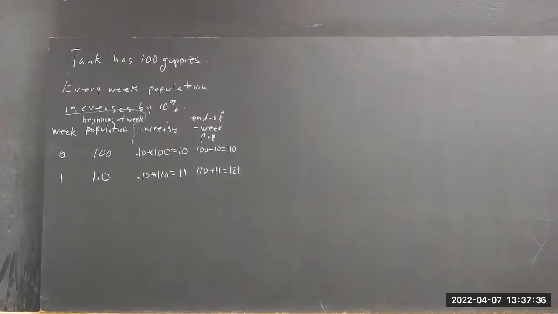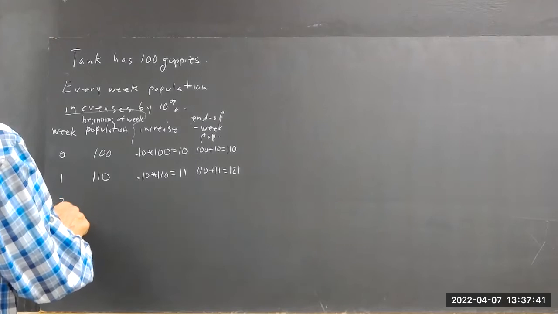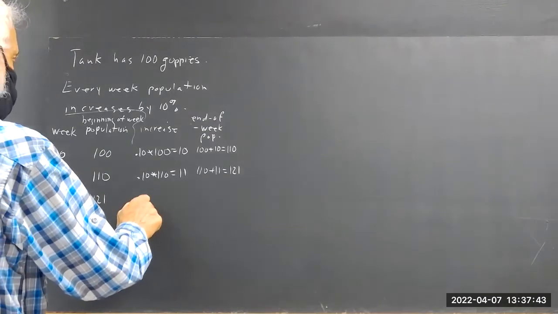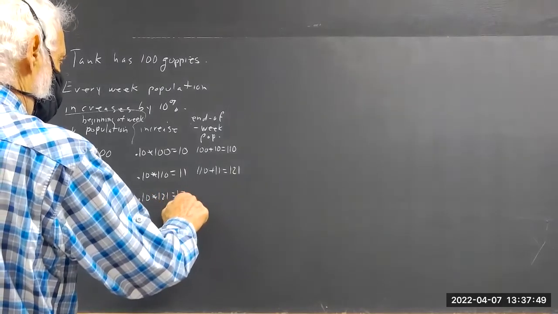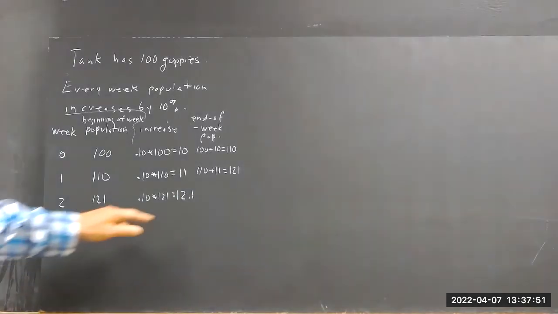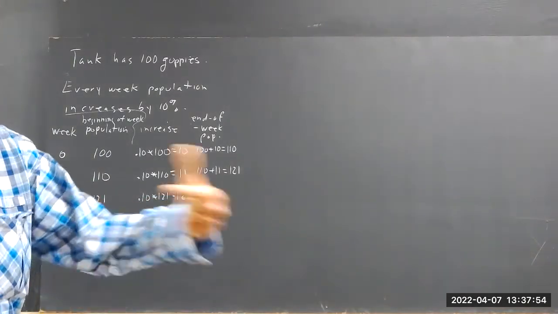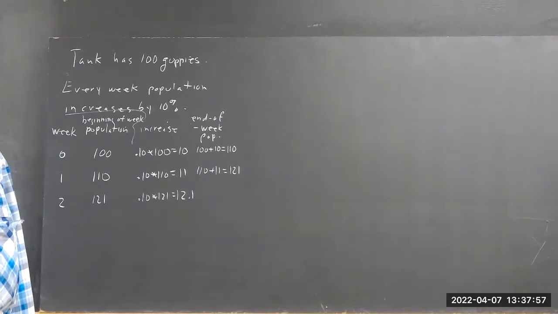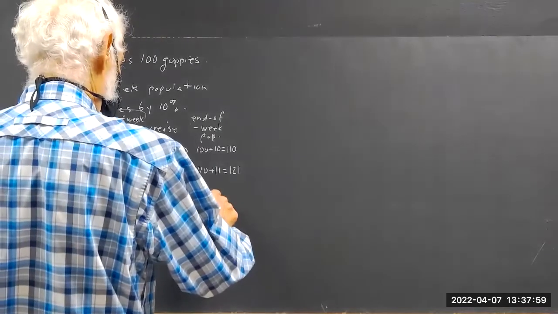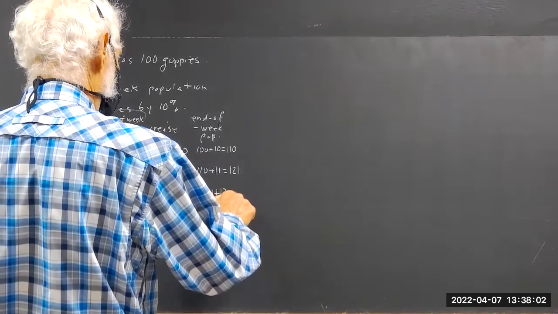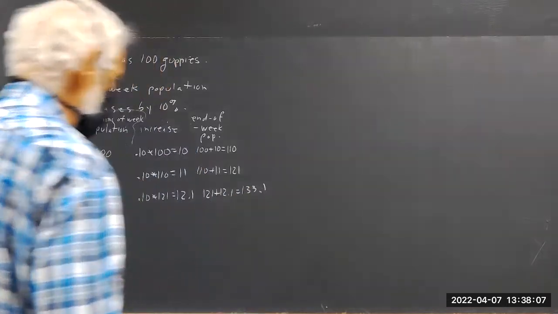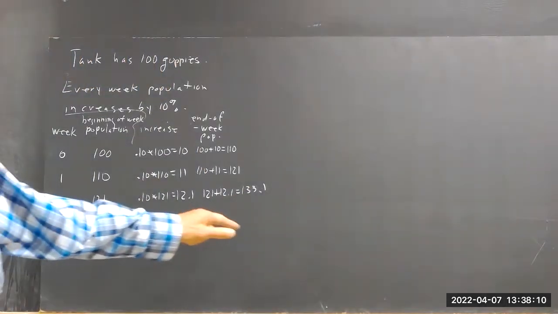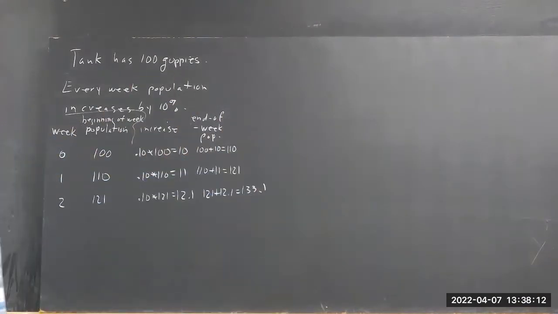Now we're going to get a fractional guppy in the next week. So in week 2, our population is 121. 10% of 121 equals 12.1. Now we can interpret that as 12 with a 10% probability of another one. So we write that as 121 plus 12.1 is 133.1. Again, 133 with a 10% chance that there's 134.